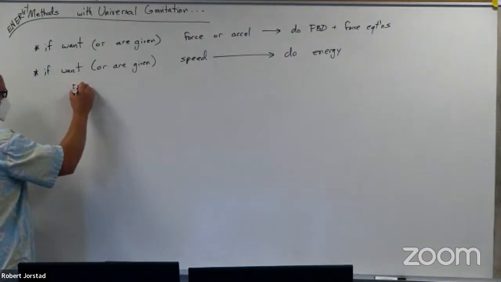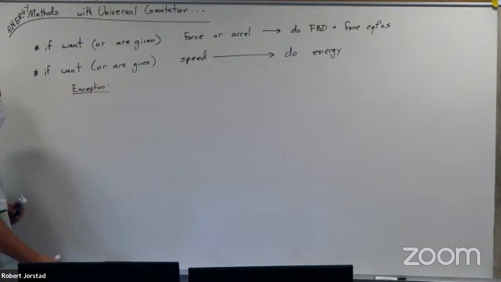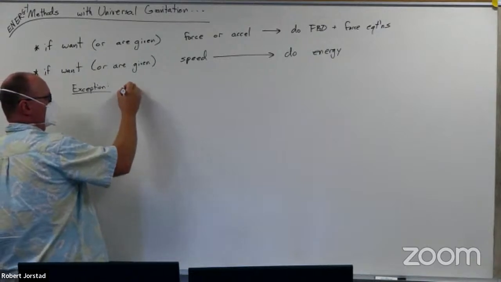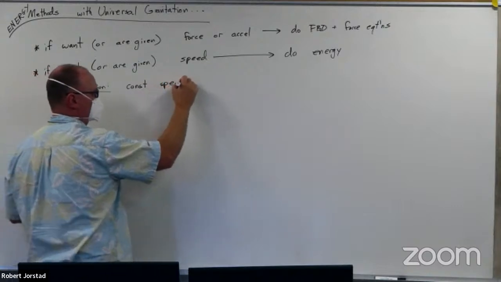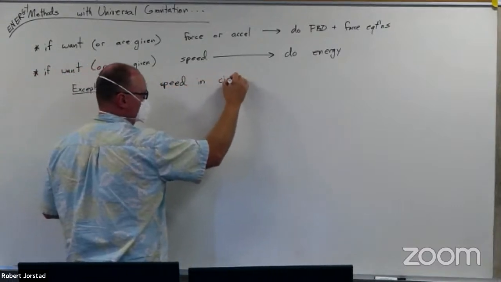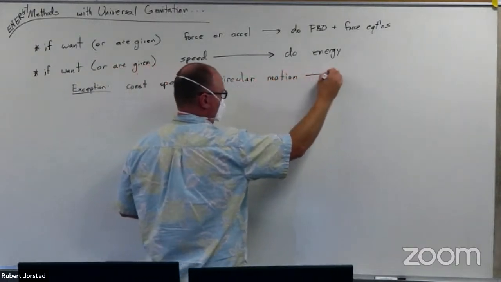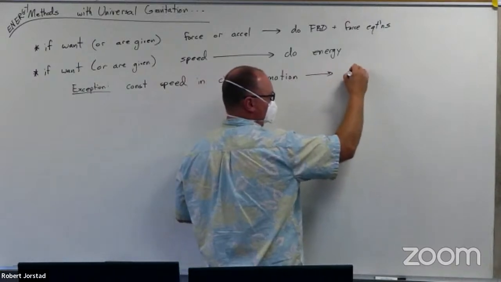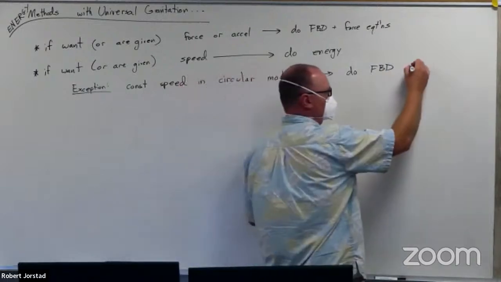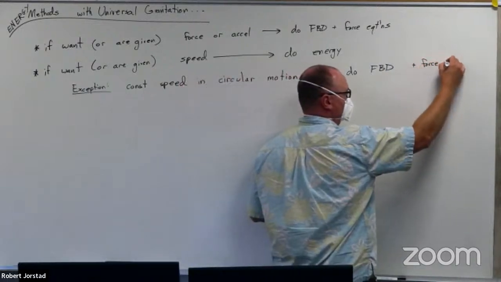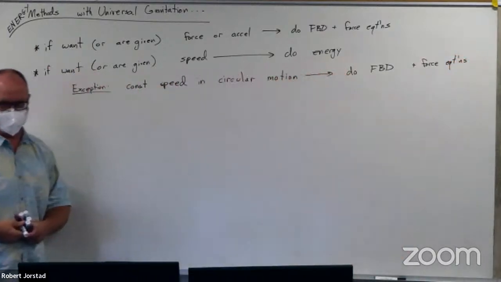In particular, one that jumps out at me might be constant speed in circular motion. While it's not always true, we typically do an FBD on that one, and force equations. So I'm trying to set you up for which physics tool we grab to get the job done.